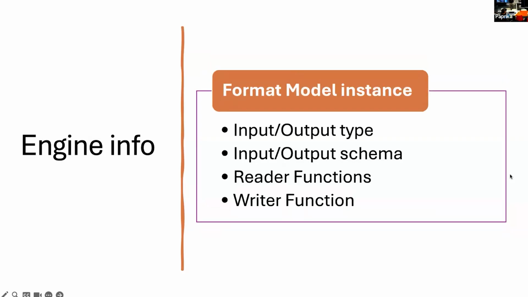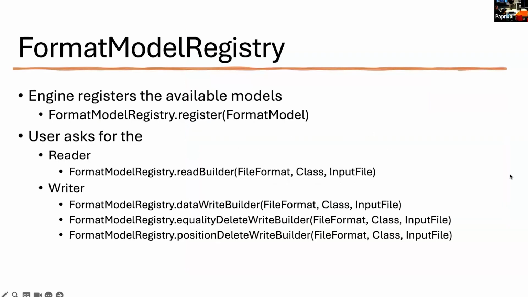And then the engines could create the format model instances, and they could provide the functions for the format model, which finally creates the full reader and writer generating format model. And we put everything which I have been talking about here into a format model registry.